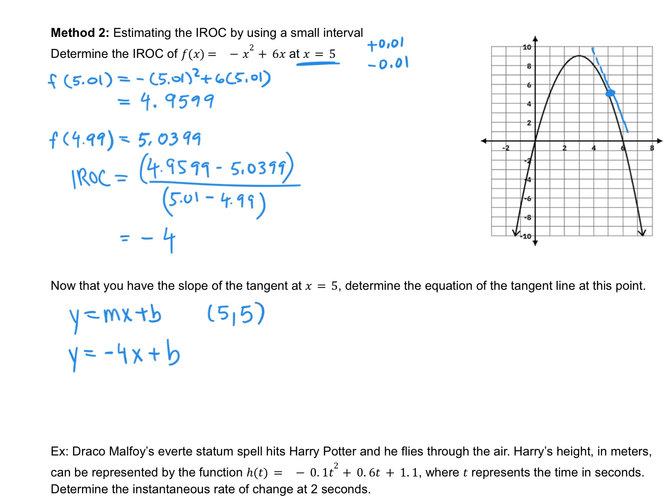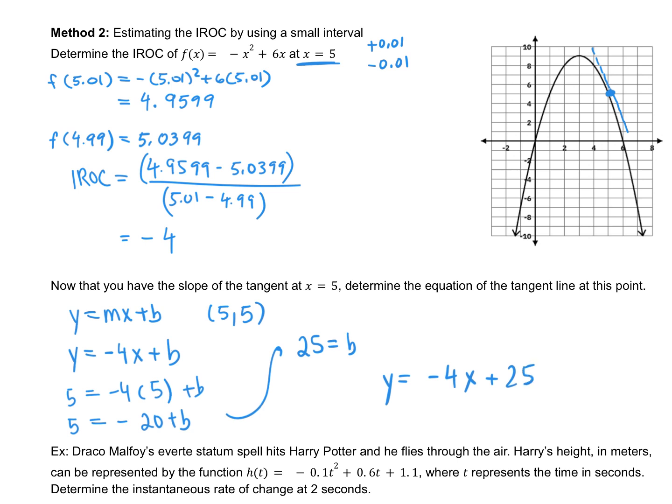It's 5, 5, and solve or isolate for b. So this is 5 equals negative 20 plus b. Bring that negative 20 over, and the y-intercept is 25. So here is the equation of your tangent line.